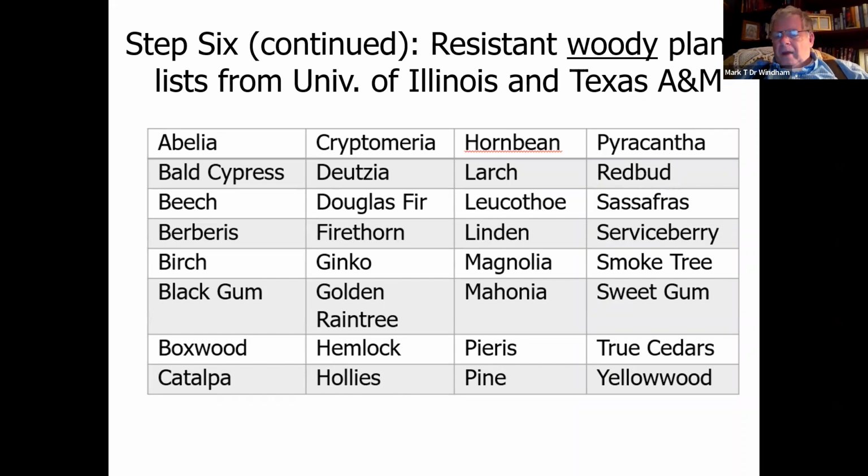Now, there are many herbaceous ornamentals that you can put out as well. And unfortunately, I have never seen a list of resistant herbaceous ornamentals, annuals. By that, I mean annuals and perennials.